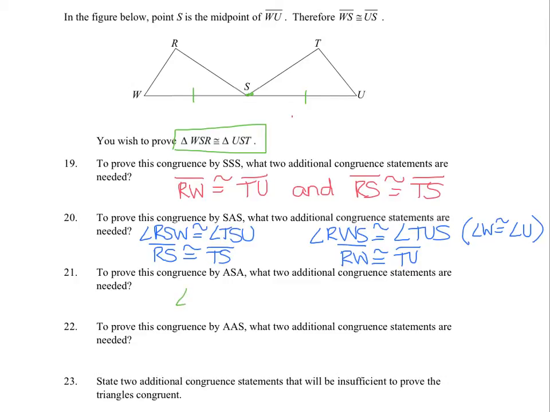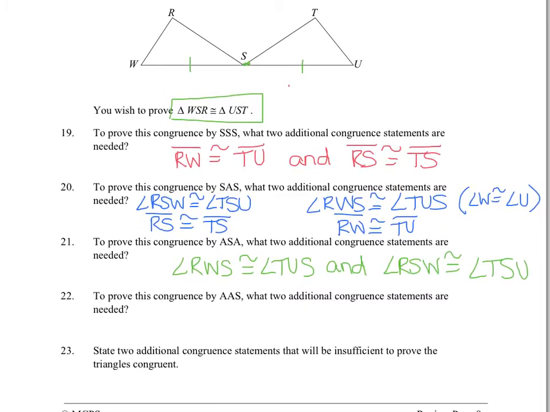So we can say that angle RWS, if you want to say angle W, that's fine, is congruent to angle TUS. If you want to say angle U, that's fine. And angle RSW is congruent to angle TSU. But again, you can't say angle S because we don't know which one you're talking about.